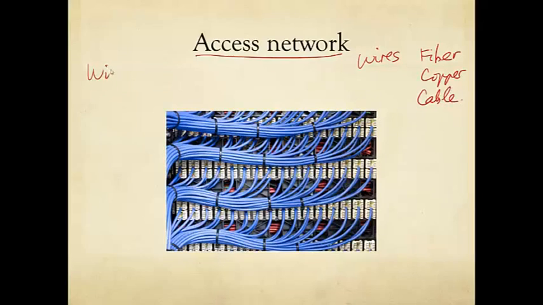It could also be wireless, for example, 3G or 4G LTE in the cellular network standard. Or it could be over the Wi-Fi network, a local area wireless network. Or it could be over satellite network.